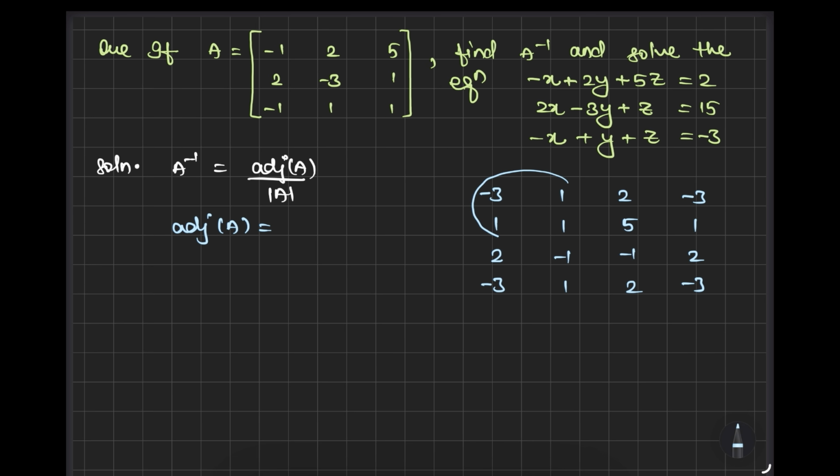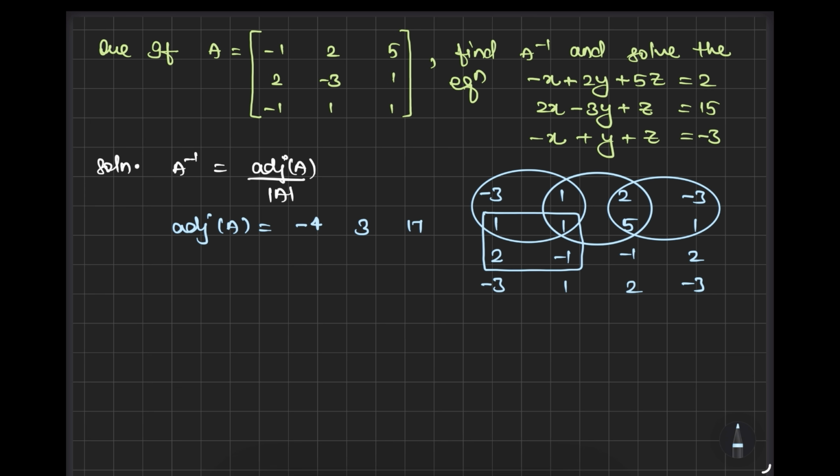Now find the determinant of each of these. So it is -3 - 1, so it is minus 4. Then 5 - 2, 3. Then 2 plus 15, so it is 17. Then -1 - 2, -3. Then -1 plus 5, 4.